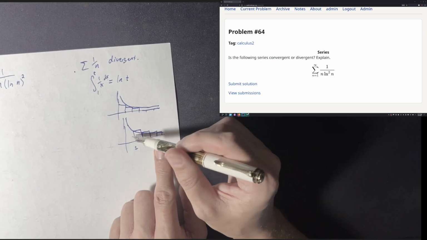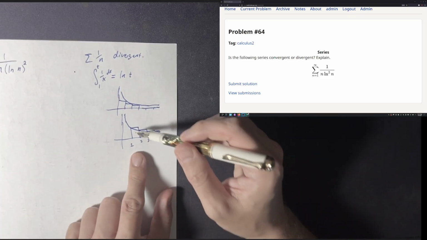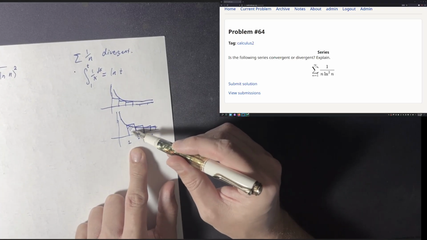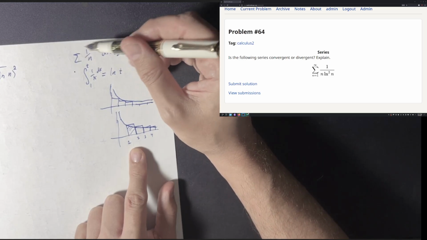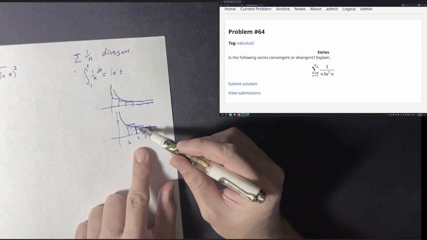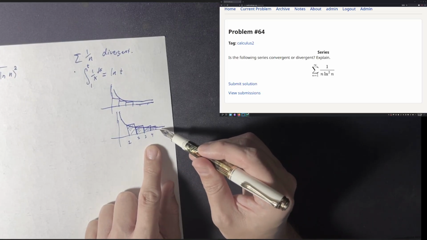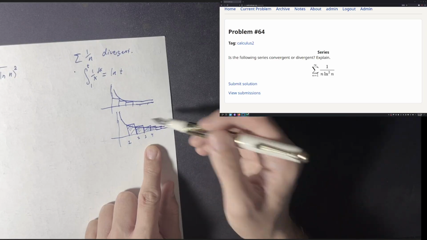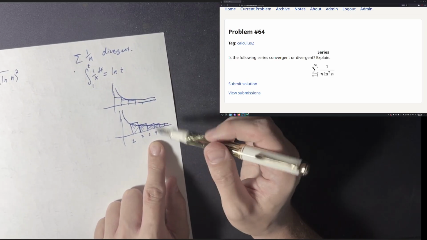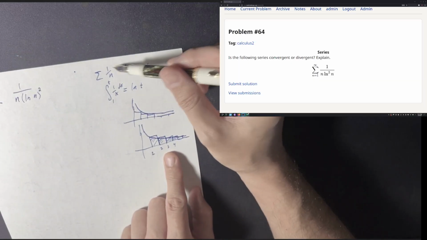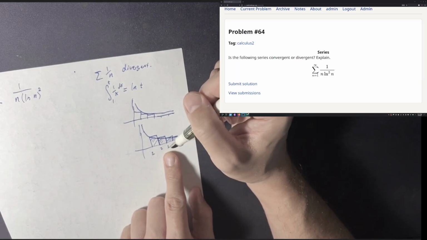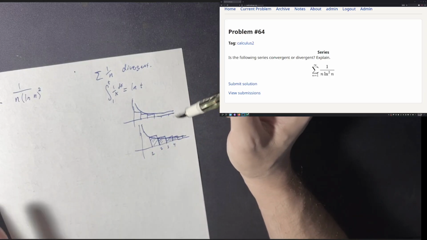So I know that this area under the curve is not finite. And I just basically expressed the harmonic series in comparison with this improper integral, which I know is infinite. So we just proved that the harmonic series is divergent. This picture proves it. You know what I'm saying?